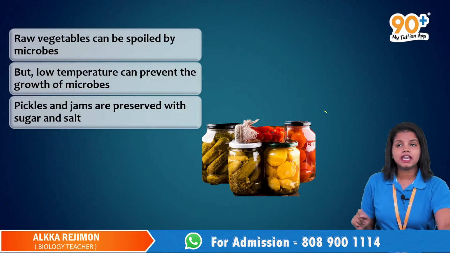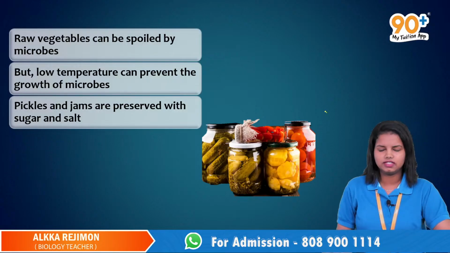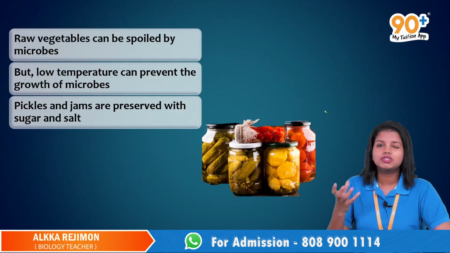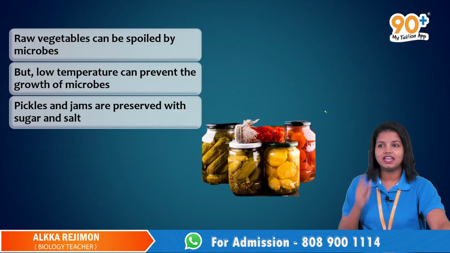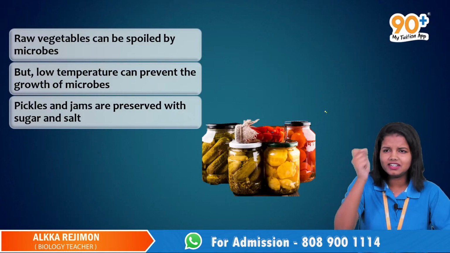But at the same time, pickles and jams, even if we don't keep them in the fridge, will not spoil quickly. Why? The pickles and jams can be preserved using certain food preservatives. And which are they? Do you remember the food preservatives commonly used to preserve our pickles and jams?